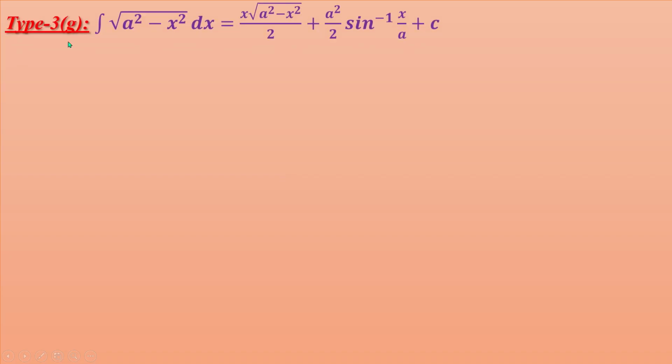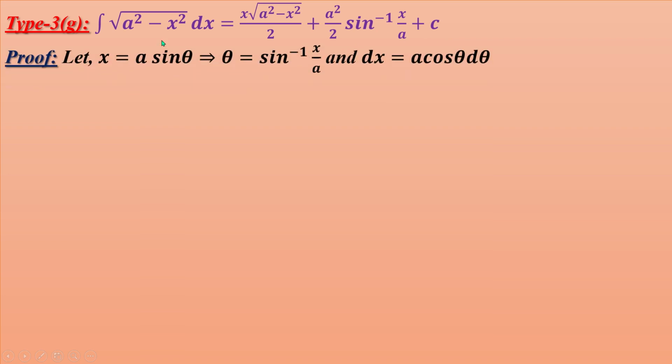Type 3G, integration of square root over a square minus x square dx. This is equal to x square root over a square minus x square by 2 plus a square by 2 sin inverse x by a plus c. Proof: let x be equal to a sin theta.